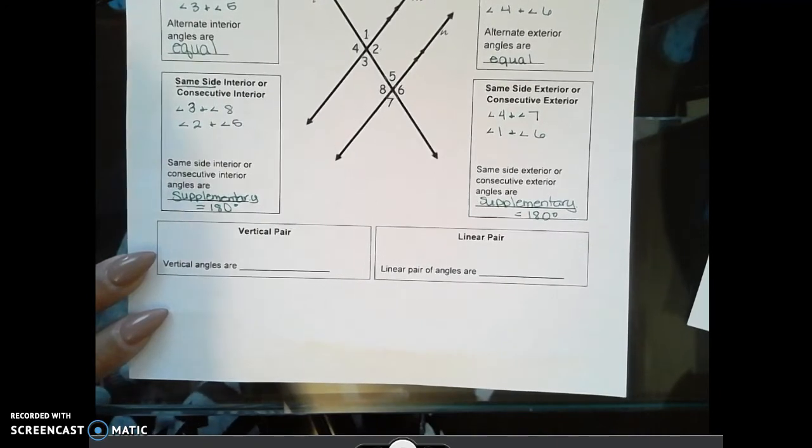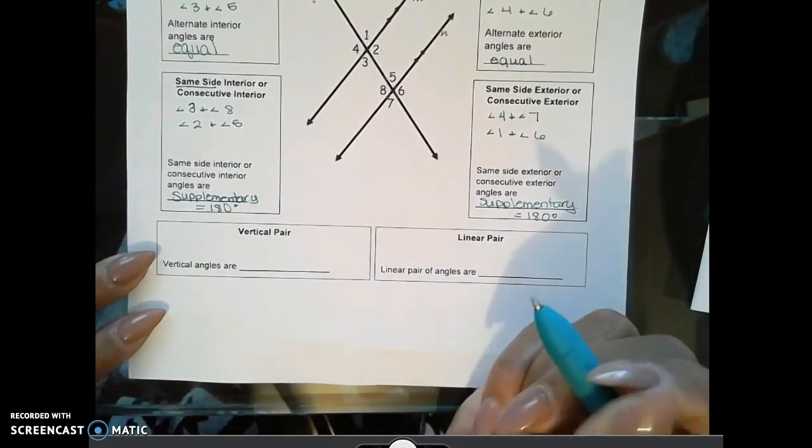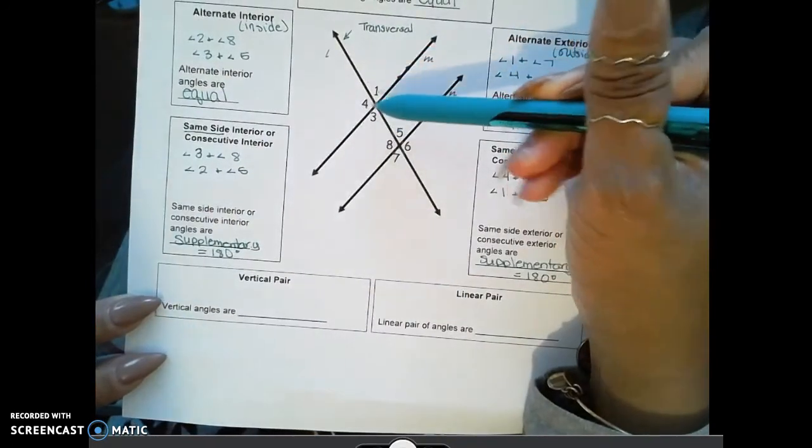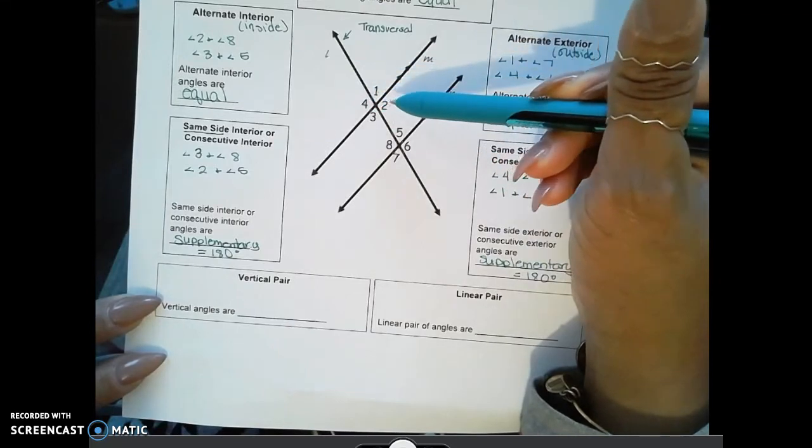Okay, we also have vertical pair and linear pair. Vertical angles are opposite rays, and linear pairs will also be sort of opposite rays, so we'll cover that in just a second. But our vertical angles are opposite rays, like angle 1 and angle 3, angle 4 and angle 2.